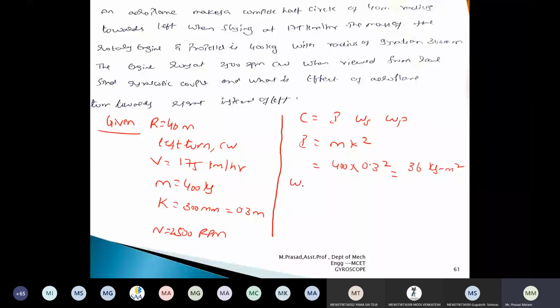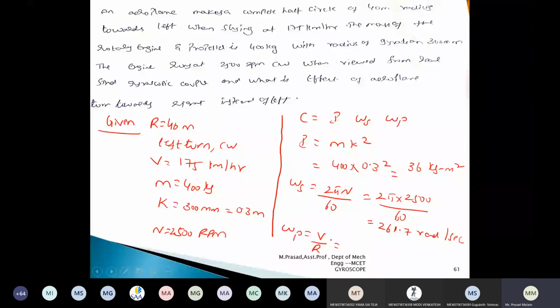And spin velocity omega S is 2 pi N by 60, that is 2 pi into 2500 by 60. What is the answer you are getting? 261.79 radian per second.